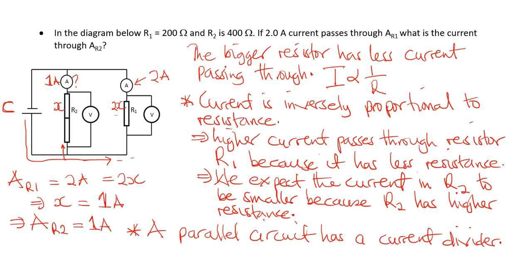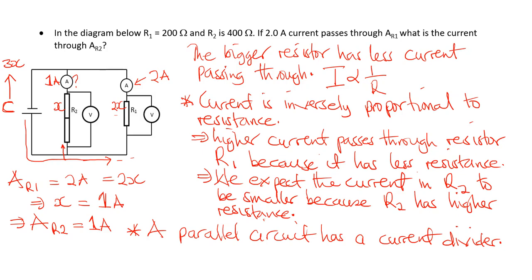So what we are saying is if this one is 2x, this one is x, current passing through C is 3x. That would be the total current.